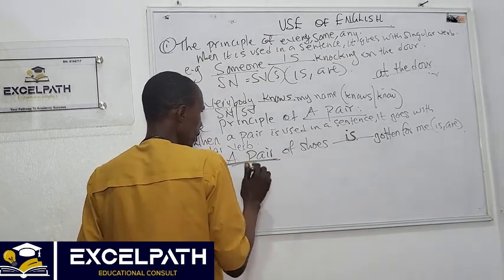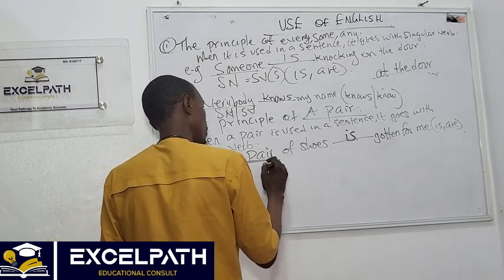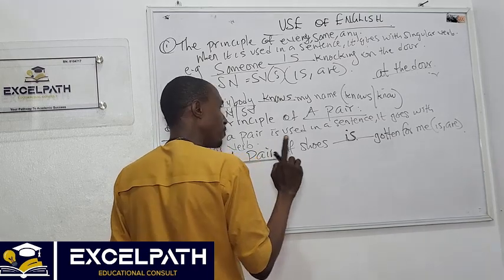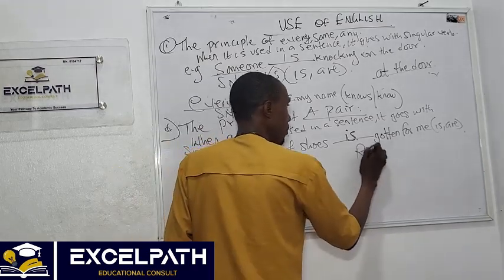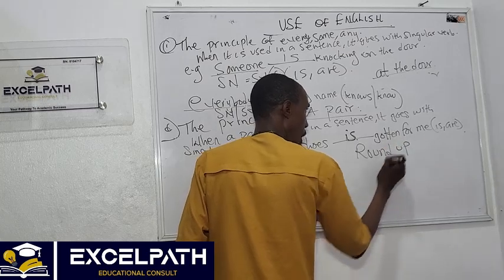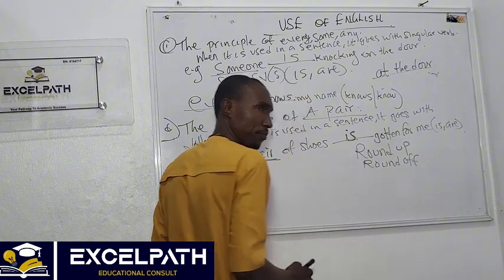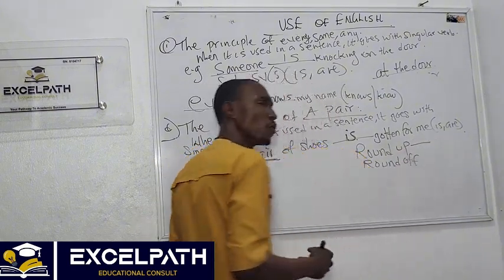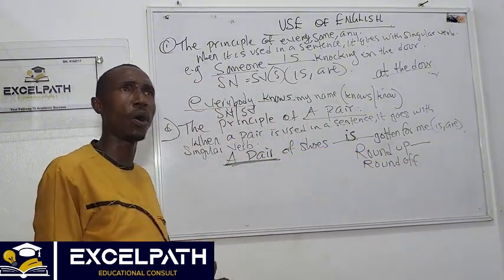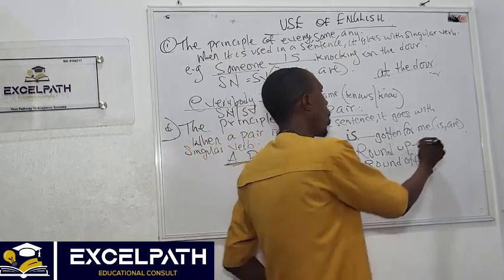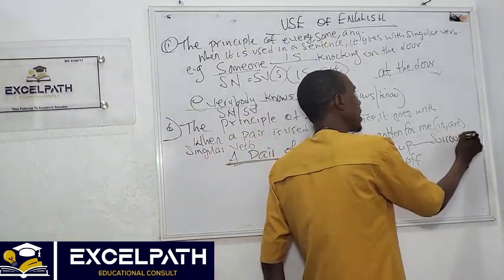Now, to round up this class, take note of the following words. We have what? Round up and what? Round off. Round up, most students make use of round up, which is very wrong. When you use the word round up, you are telling yourself or that thing that you want to what?